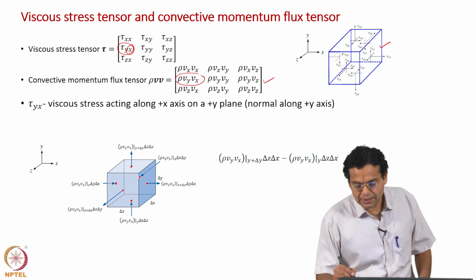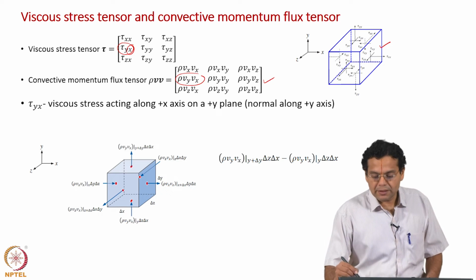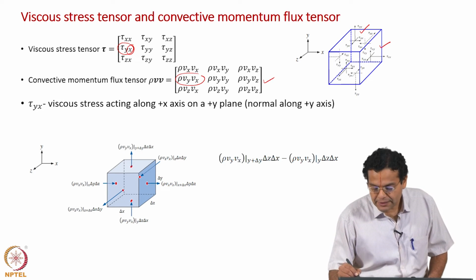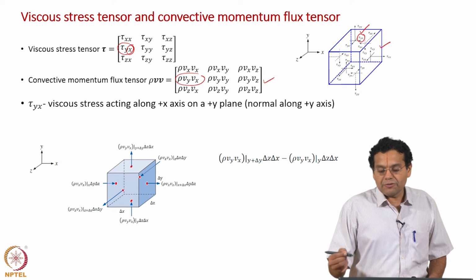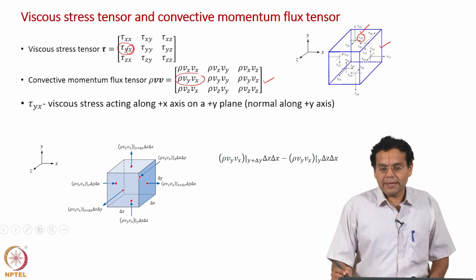If you look at this diagram, this is of course the positive y plane. So, we should consider the positive y plane here and force acting along the positive x axis. So, tau yx represents the component of the stress vector acting on the positive y plane, with force acting along the positive x axis.